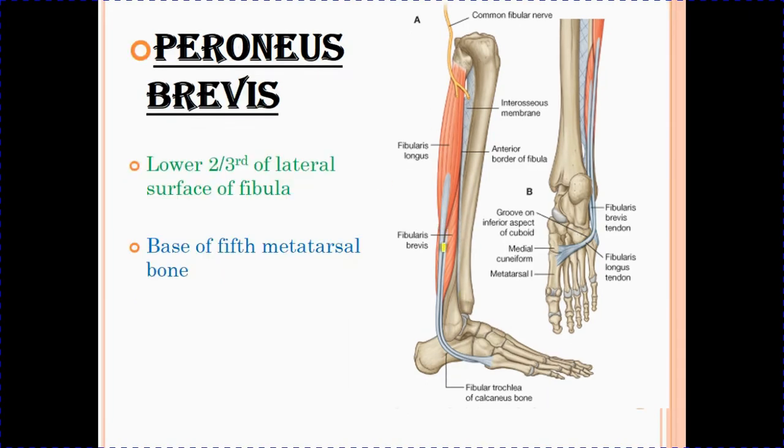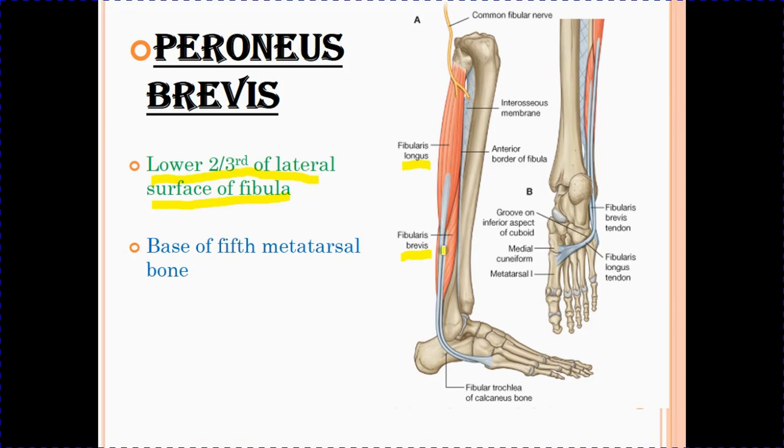The second muscle is the peroneus brevis, also called fibularis brevis. It arises from the lower two-thirds of the lateral surface of the fibula. From the upper two-thirds, which muscle arises? Fibularis longus, and the lower two-thirds is giving origin to the fibularis, or you can say peroneus brevis.